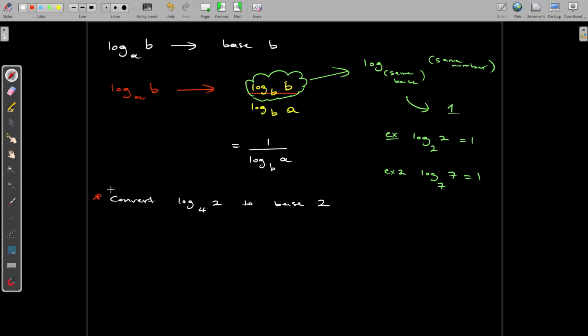What do we do here? So log base 4 of 2 will be equal to log base 2 of 2 over log base 2 of 4.